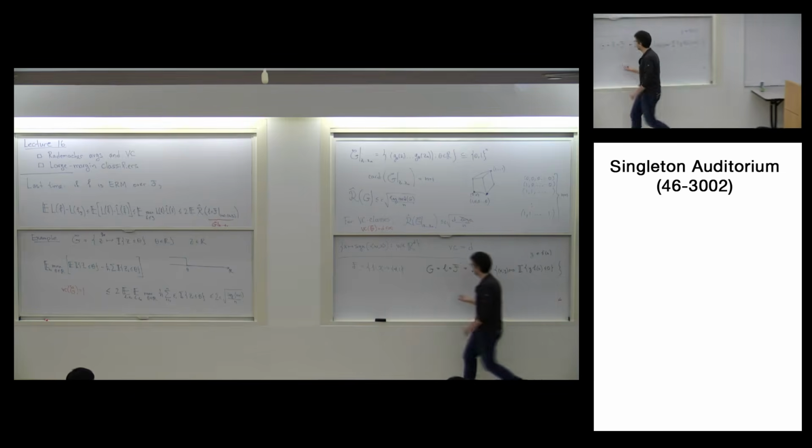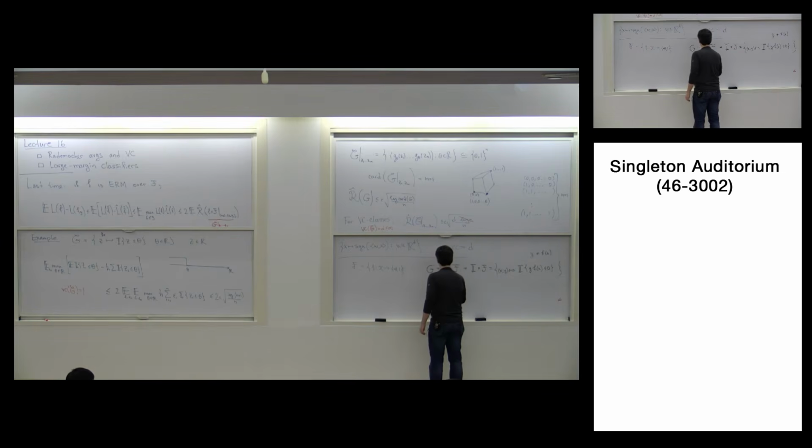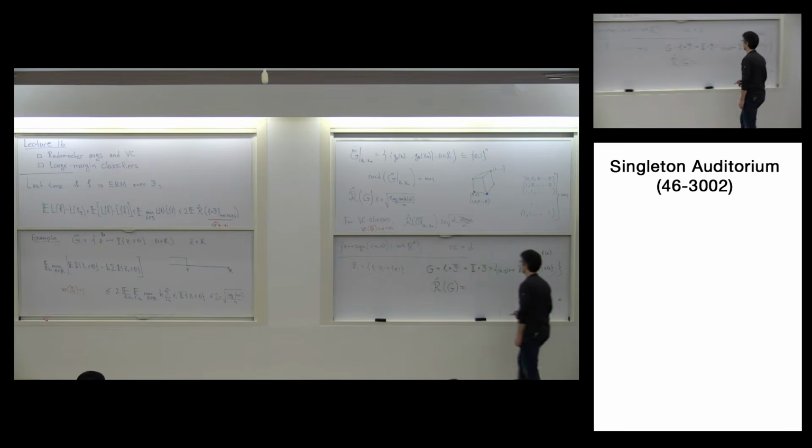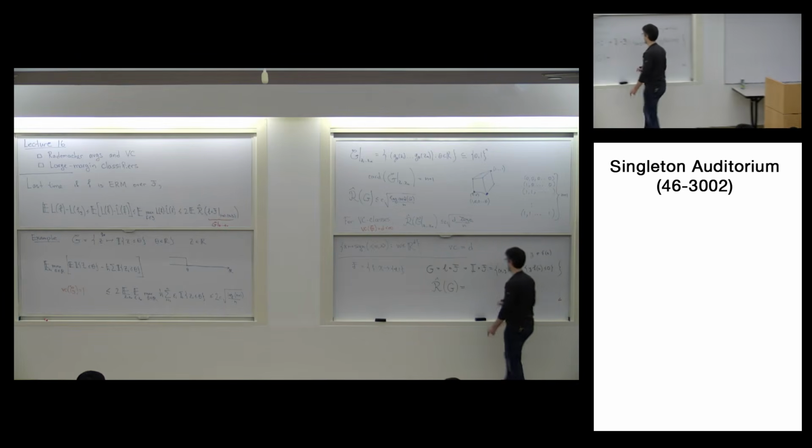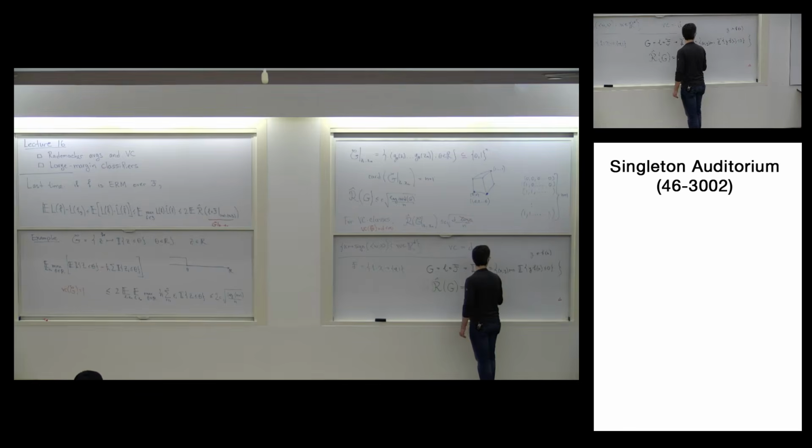So it turns out that the Rademacher averages of G are one half times the Rademacher averages of F.